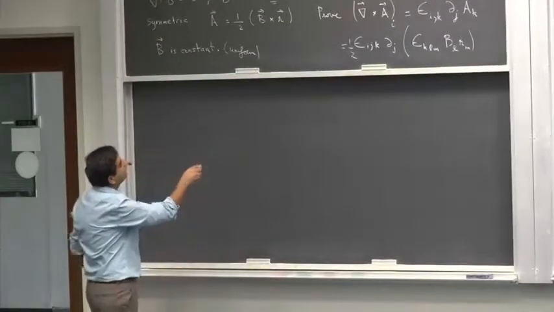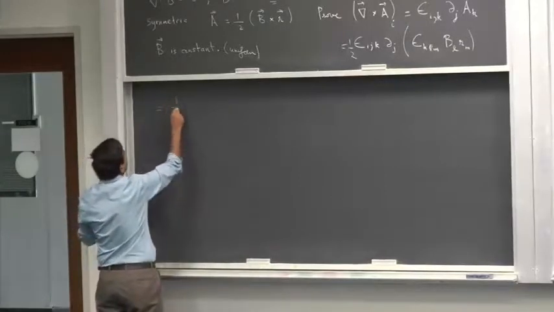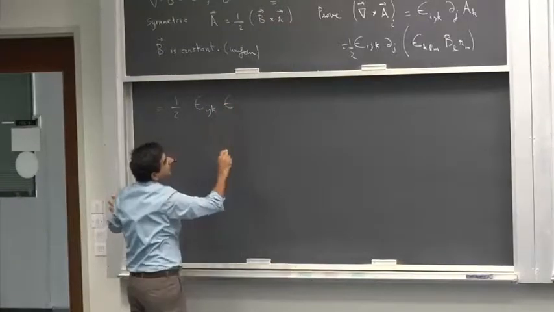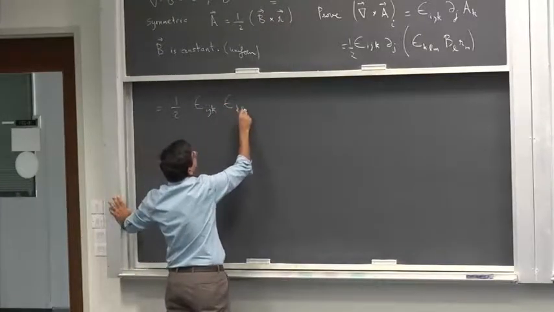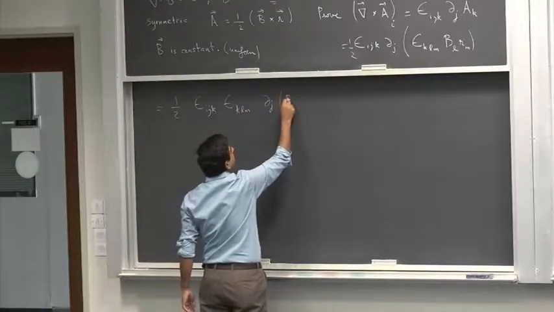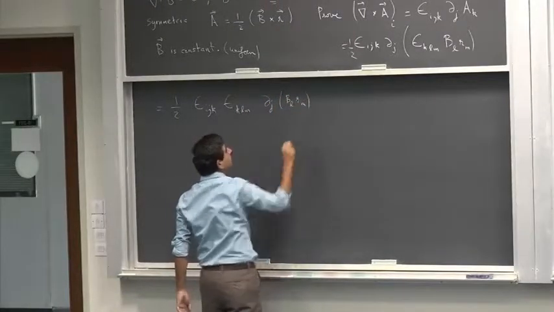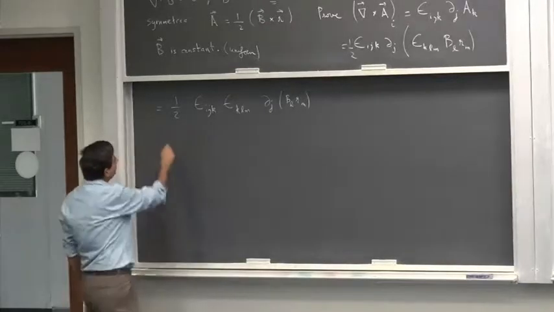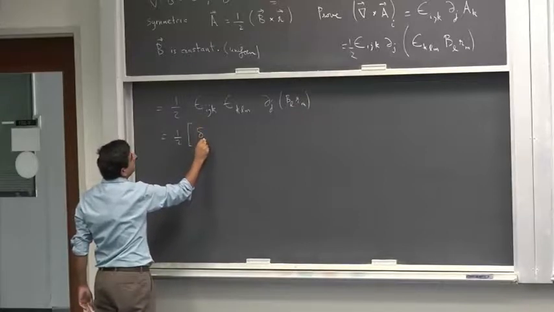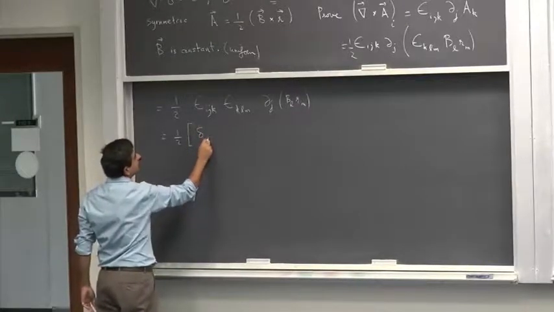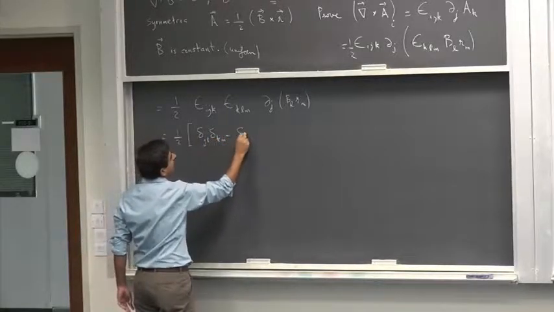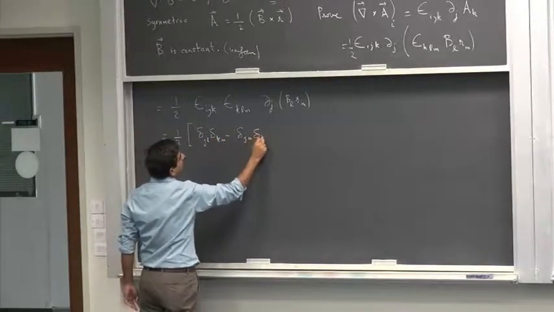Alright, so let's prove this. So 1/2 I, J, K. This Levi-Civita symbol is a constant. I can take this out, K, L, M. And now I need the derivative with respect to J of B_L R_M. Now I use an identity. This thing over here is delta JL, delta KM minus delta JM, delta KL.